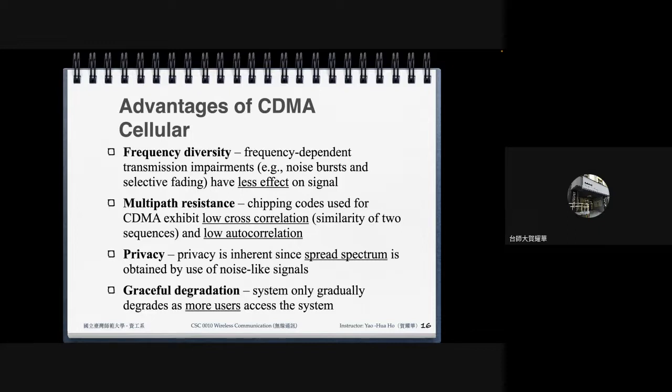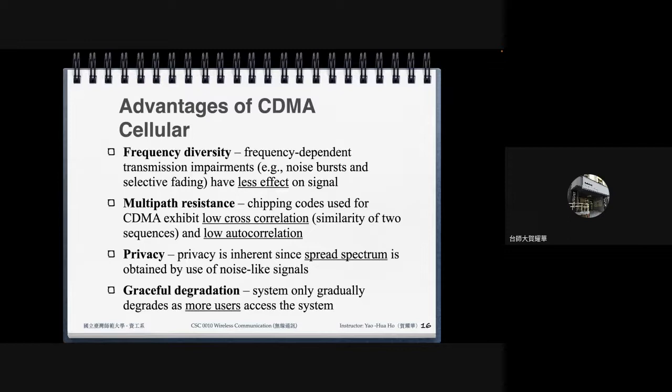It also provides privacy inherent in the system. It has graceful degradation, meaning the system only degrades as more users access it. The more users come along, it just gets slower and slower.